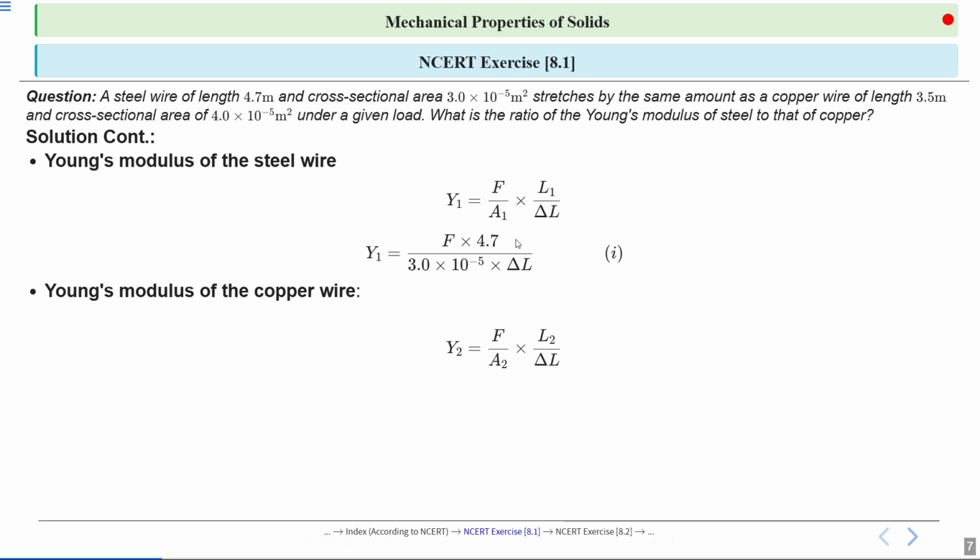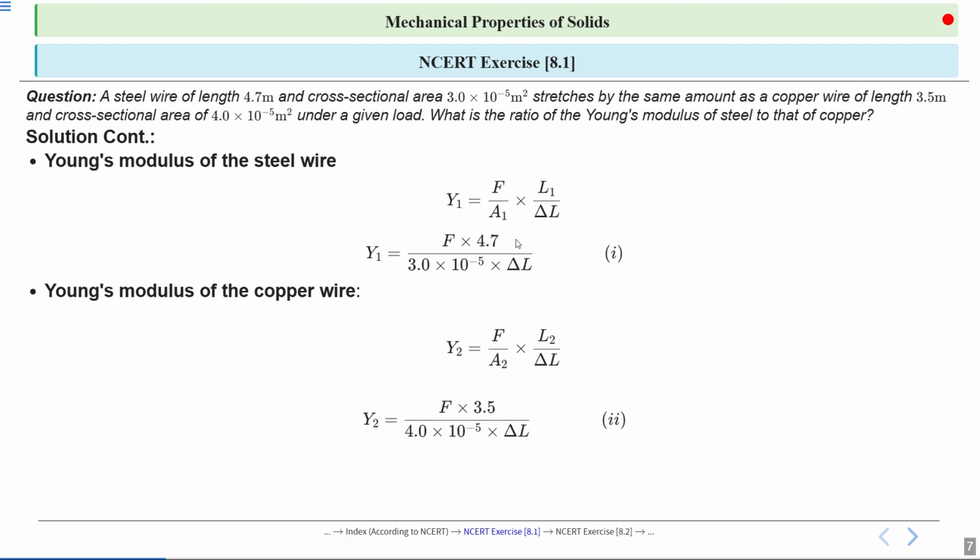The approach is the same. So Y2 equals F divided by A2 into L2 divided by delta L. Now again substitute the values for the copper wire. We get Y2 equal to F into 3.5 divided by 4.0 into 10 raised to the power minus 5 into delta L.